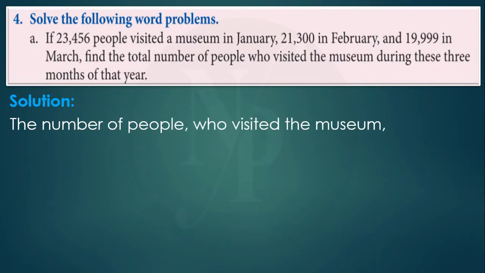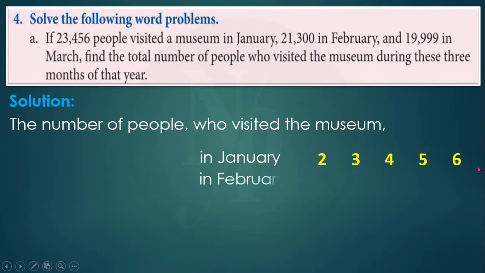The number of people who visited the museum in January is 23,456. Let us write down these numbers one below the other to find the total number of people who visited in those 3 months. In February, the number of people who visited the museum was 21,300.